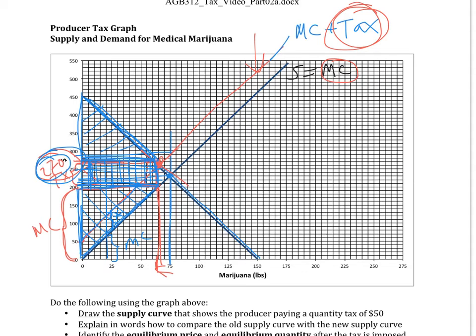Okay? So based on the quantity that we're dealing with, we've allocated all that area between the demand curve and the supply curve. We've broken it up into consumer surplus, producer surplus, and the tax.